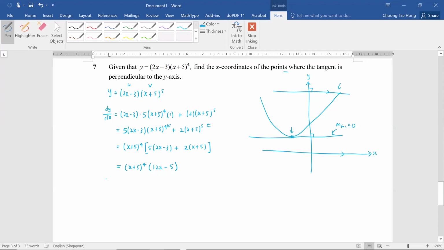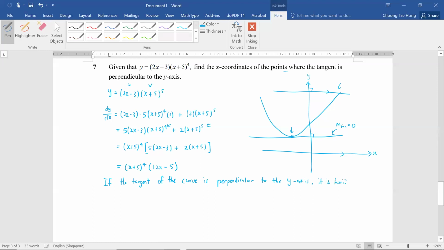Okay, but let's write some statement to explain why we are doing so. So if the tangent of the curve is perpendicular to the y-axis, it is horizontal.